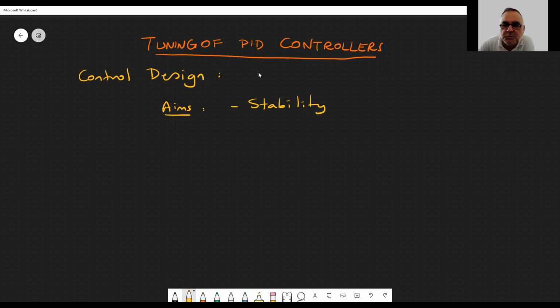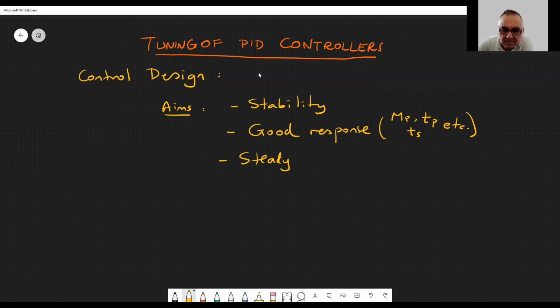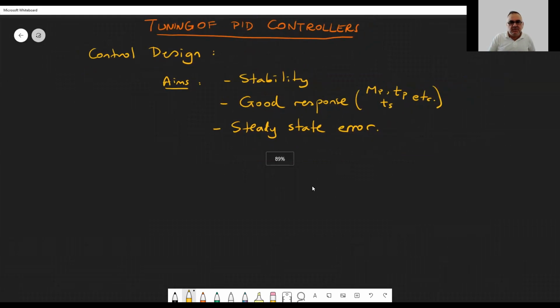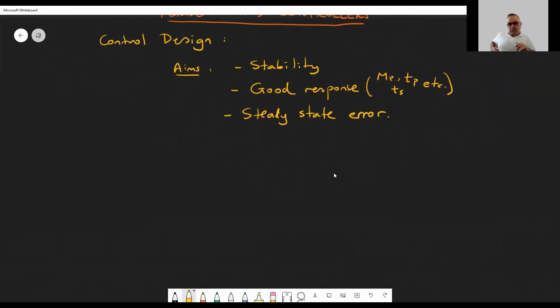The closed loop system should be stable, and you should have a good time response, which relates to the time domain criteria like Mp, Tp, Ts, etc. And then the steady state error. So a good feedback system is able to achieve all these goals.